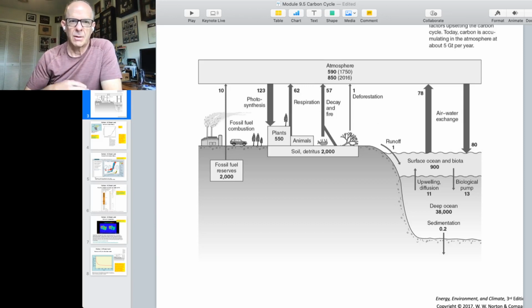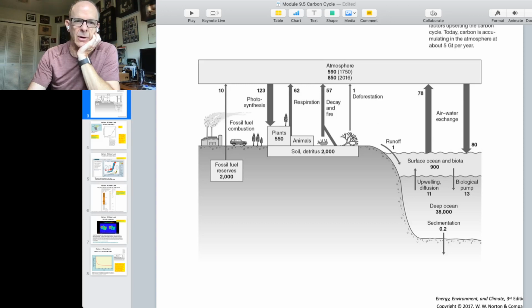It took hundreds of millions of years, as we've described, for life to create that 2,000 gigatons of fossil fuels. Now we're burning it, and at the present rate, we're putting 10 to 11 gigatons of carbon into the atmosphere each year. That's the arrow 10 on the left, going from fossil fuel reserves up into the atmosphere.